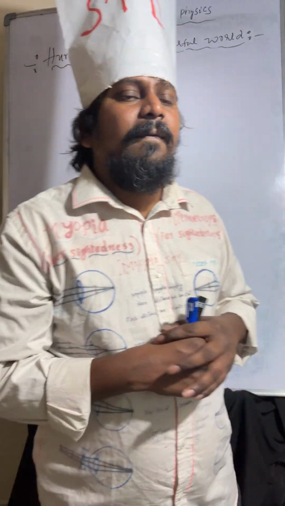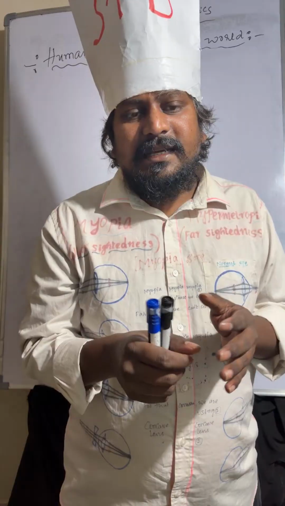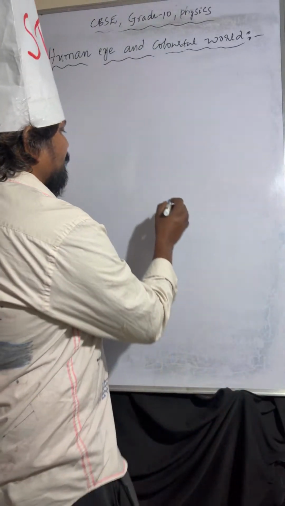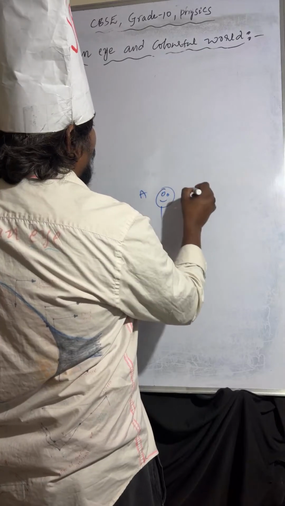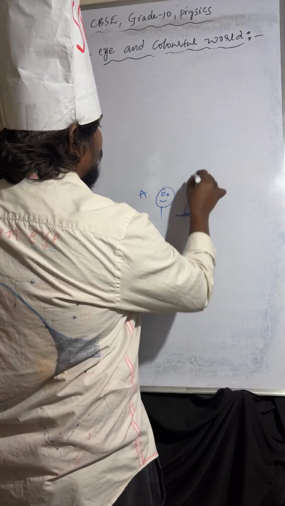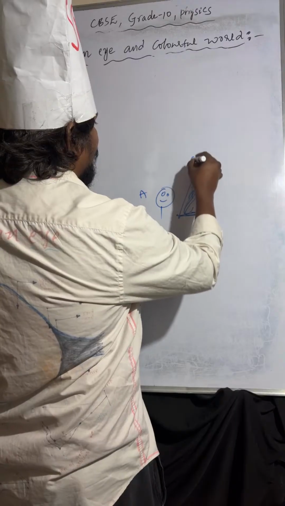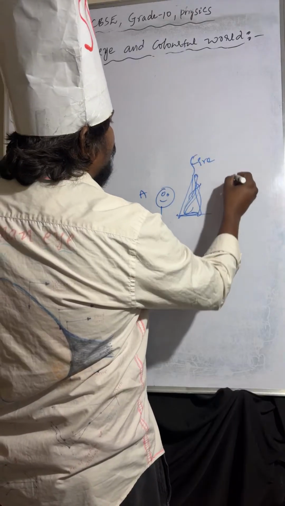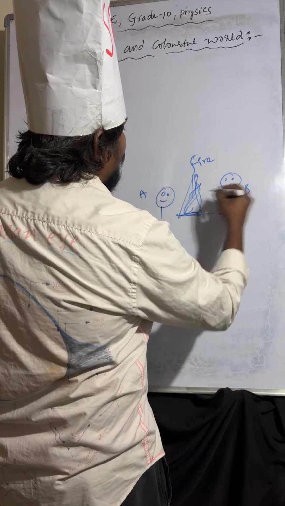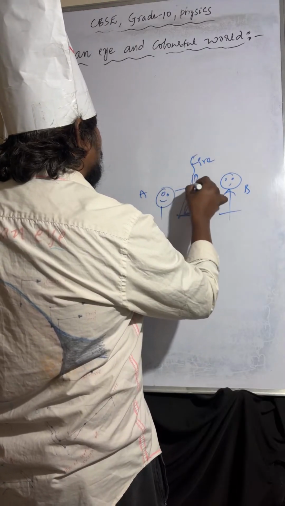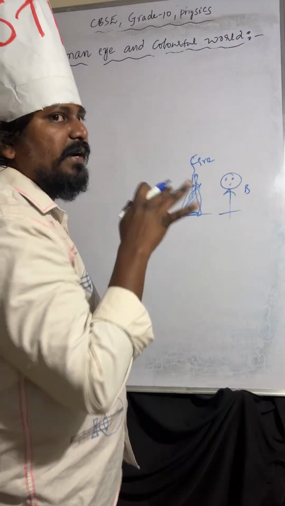Normally, person A is here. So I'm standing here, this is person A, and this is a fire. Here is person B. Person A is seeing person B through the fire.